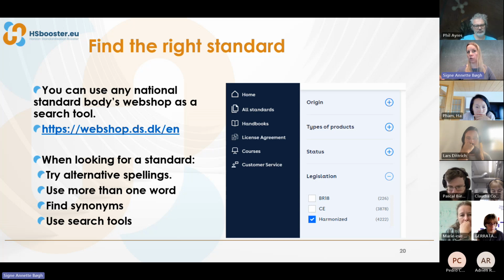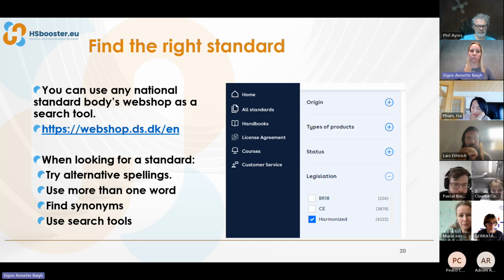And if you prefer German, then you can use DIN and so on, because every single national standard body will have their own web shop that you can use for searching. And it's important for me to say here, this is not for you to buy the standard necessarily, but this is for you to search for the standard, because we do have some really good search tools in these web shops that I think would be an advantage of you to take a look at.